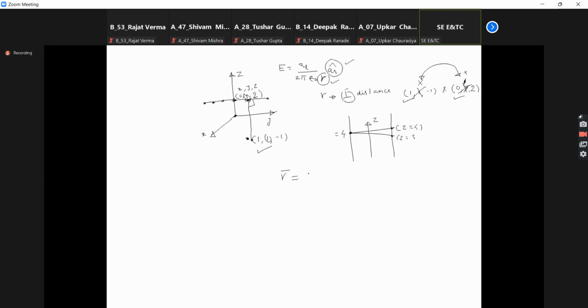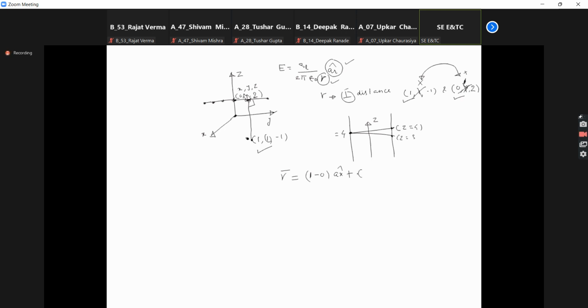So finding the vector is the destination coordinate minus the source coordinate. Destination coordinate means that coordinate where you're interested to find out the field intensity. So the first coordinate is x. For the destination it is 1, and for the source x is 0. Since it is the x coordinate, I will multiply with ax.